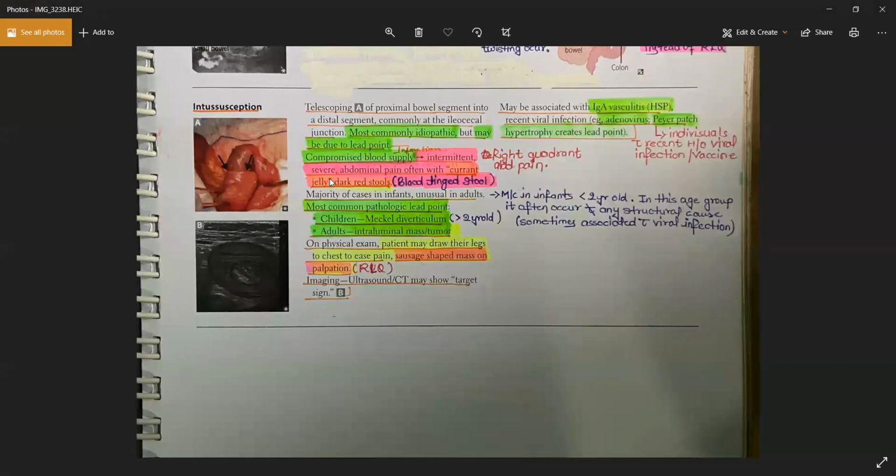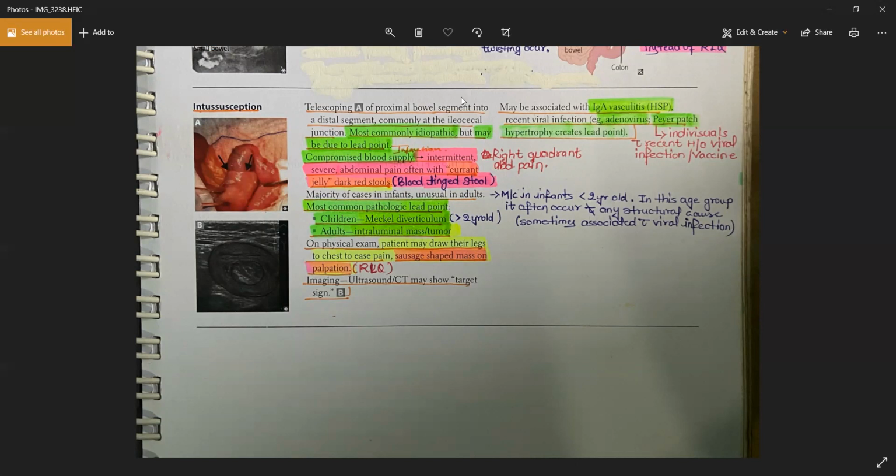Okay, then comes the intussusception, which is a telescoping of the bowels. The proximal segment of the bowel will be telescoped into the distal segment of the bowel. As you can see here in the figure also, this is the proximal segment, this is the distal segment, and the proximal segment is telescoped into the distal segment.